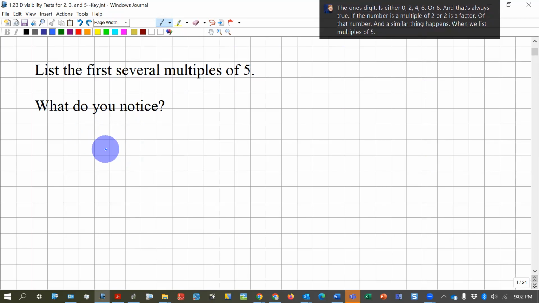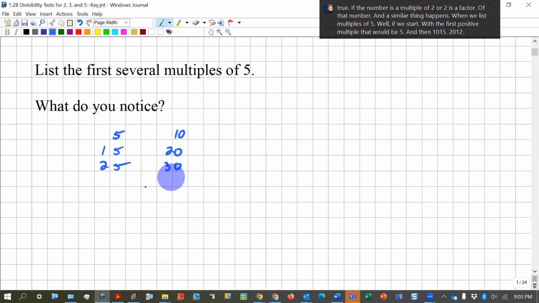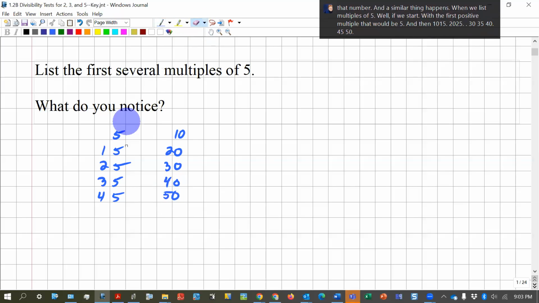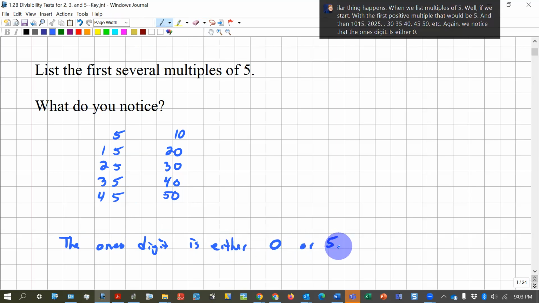If we start with the first positive multiple, that would be 5, and then 10, 15, 20, 25, 30, 35, 40, 45, 50, etc. Again, we notice that the ones digit is either 0 or 5.